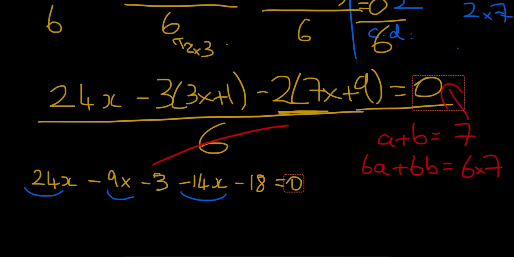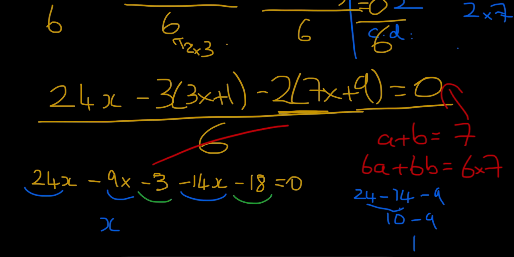Let's do this over here. So we have 24 minus 14 minus 9. So 24 minus 14 is 10, right? Then 10 minus 9 is just 1. So we have x, and minus 3 minus 18 is minus 21, equals 0. So we have x equals 21.